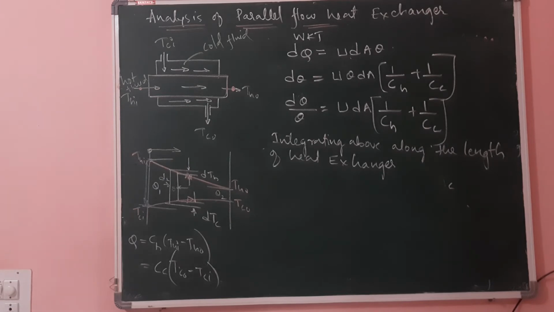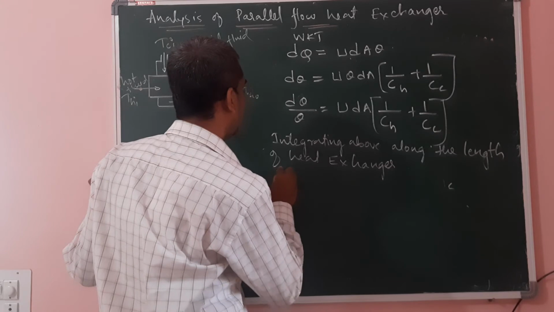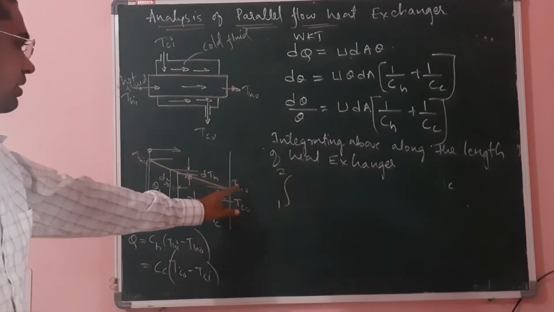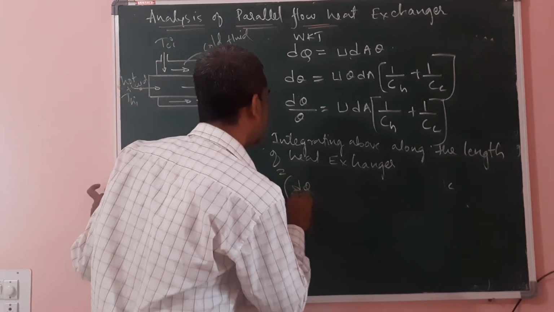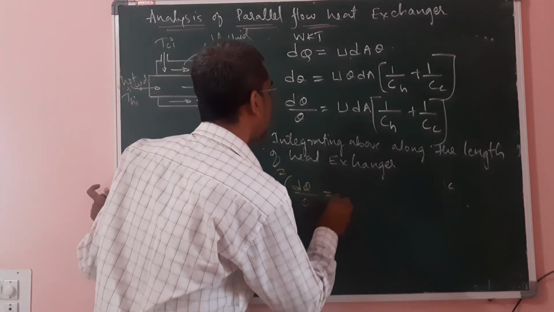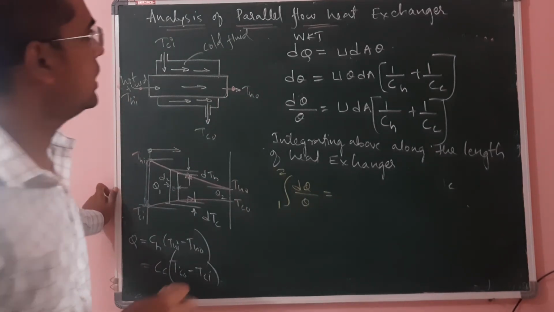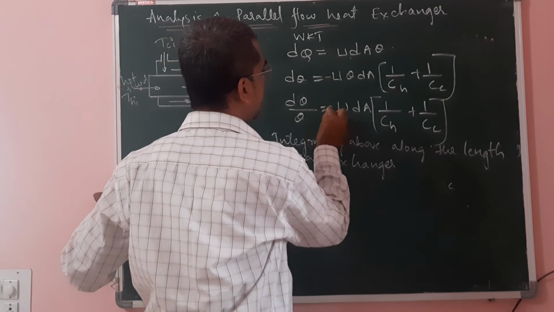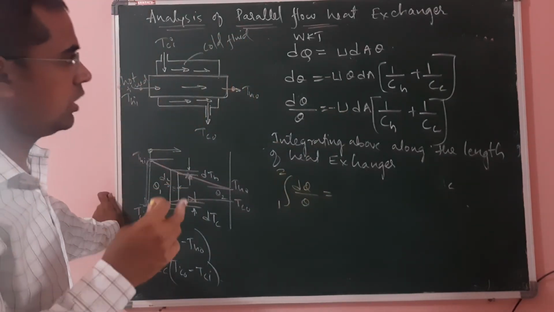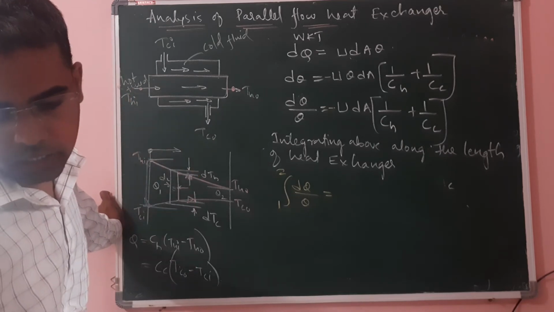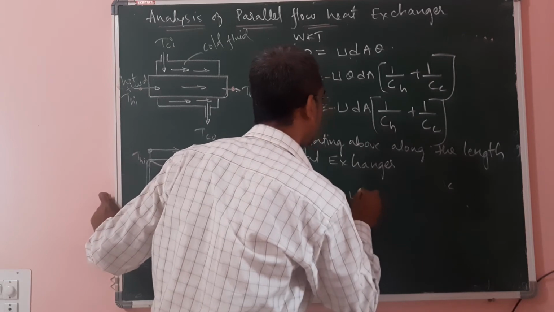If I integrate it, I will get the integration from 1 to 2, calling one end 1 and the other end 2, of d theta by theta. It is equal to the integration of this one. There is a negative sign that I have to consider, because it is minus dq, 1 divided by ch plus 1 divided by cc.